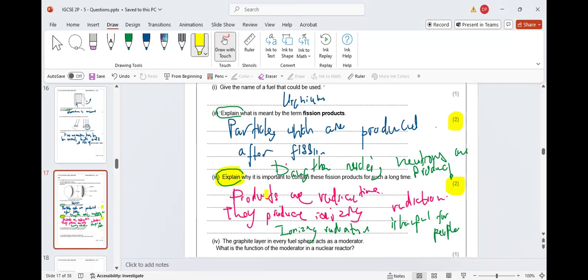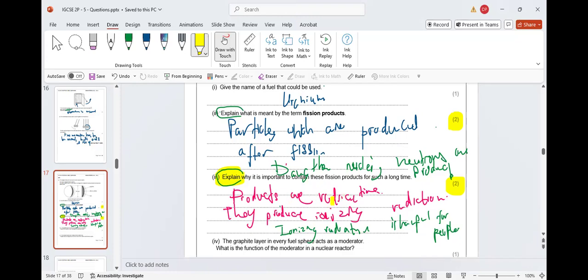You have to understand the keywords you need to include in the answer. The answers can be very short. You don't have to write lengthy sentences. The examiner does not expect that. What the examiner expects is that you show you have the understanding of the key theory, key points, key areas related to the particular topic.